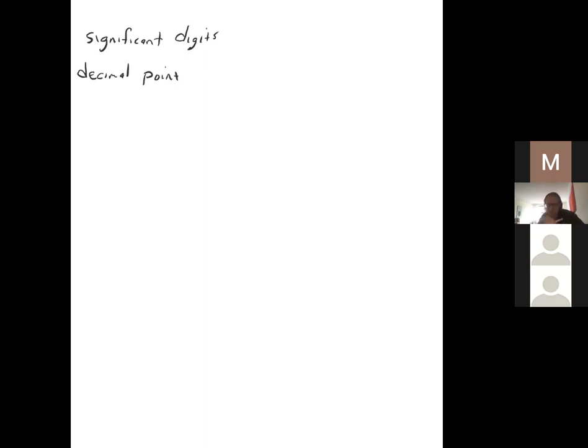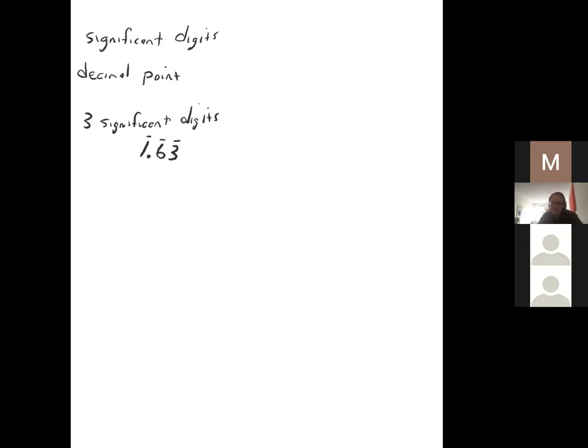Okay, so for example, suppose the question asks you to report an answer to 3 significant digits. Really what they're doing is they're telling you that they want the measurement to have 3 numbers in it, right?